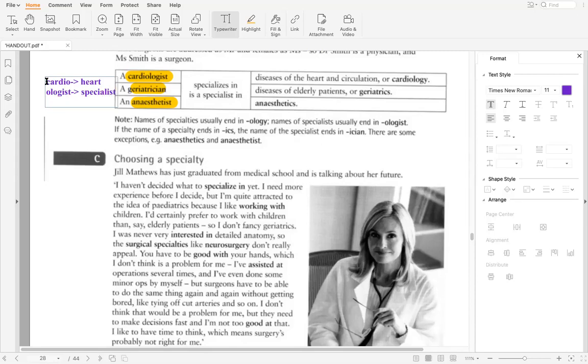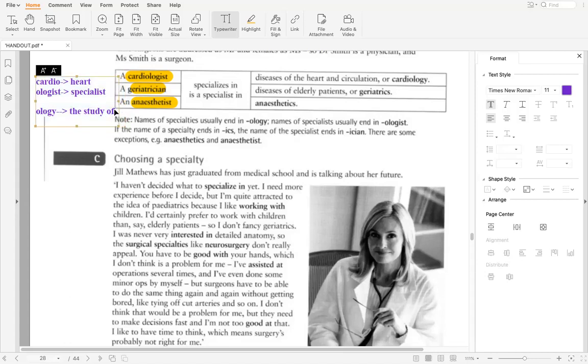So cardiologist means what? Doctor who is specialized in the diseases of the heart and the circulation. And we have taken that ology means the study of. So cardiology means the study of the heart and the circulation system.